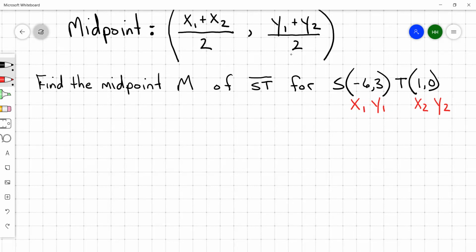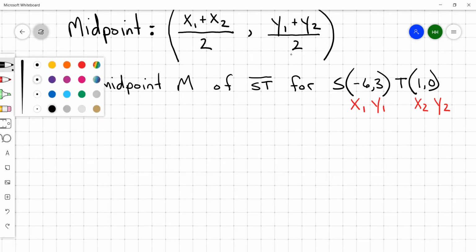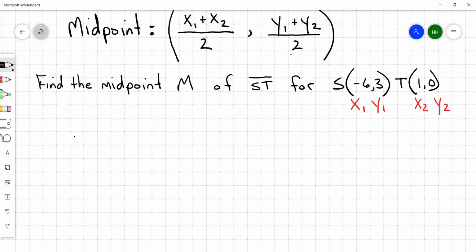And then you take those values and substitute them back into the midpoint formula. Our M is going to be at our x sub 1, which is -6, plus 1 divided by 2, and our y at the midpoint is going to be 3 plus 0 divided by 2.